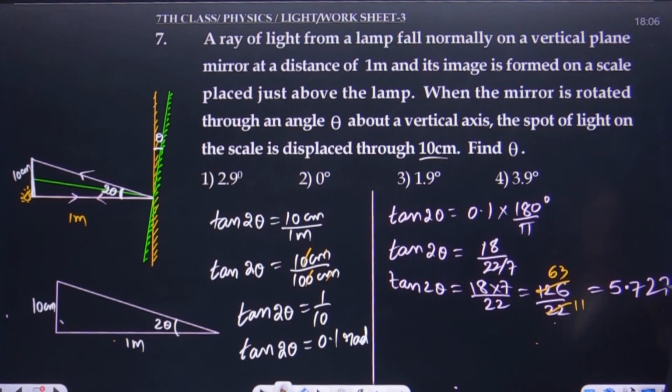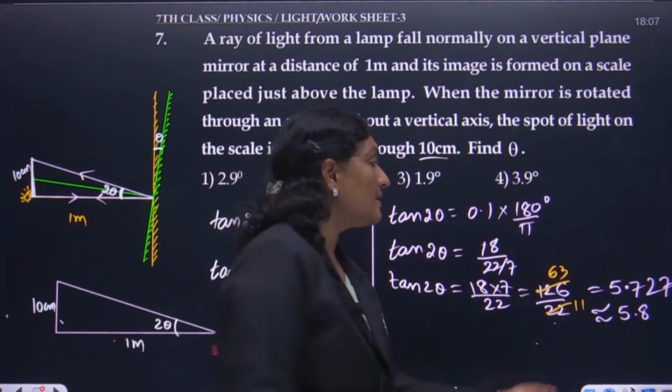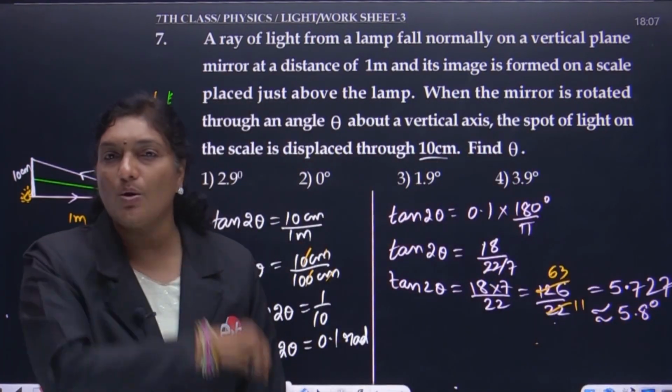And again 5.727, or approximately, let me take it as 5.8. So 2 theta we hardly get as 5.8 degrees, and 5.8 degrees is a very small value.